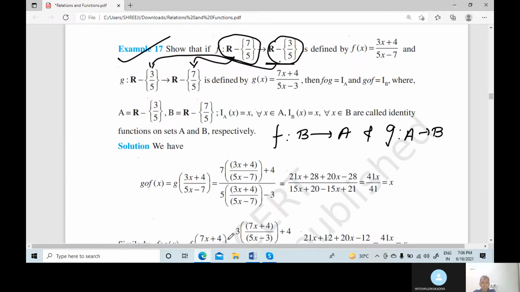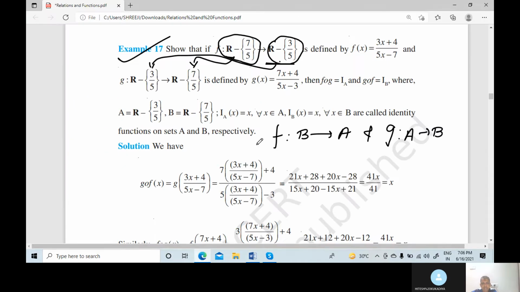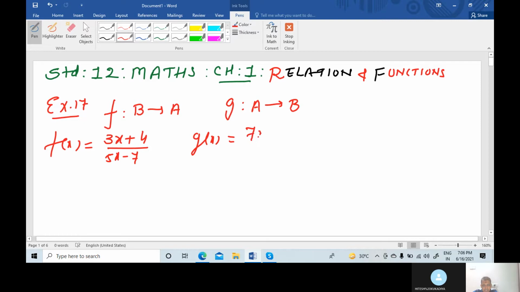Check here: F(x) equal to 3x plus 4 upon 5x minus 7, and G(x) equal to 7x plus 4 upon 5x minus 3.